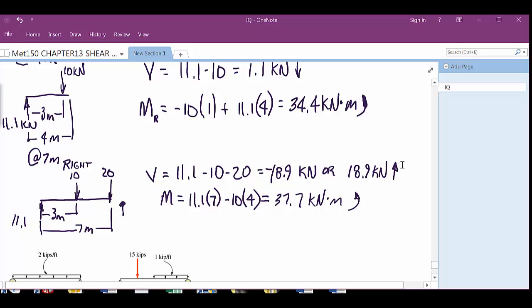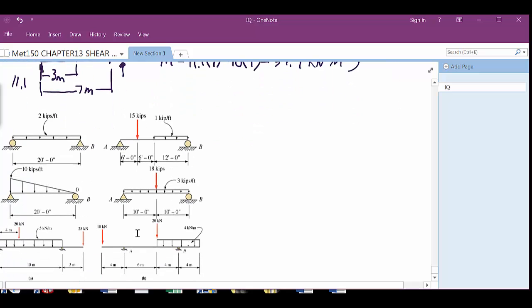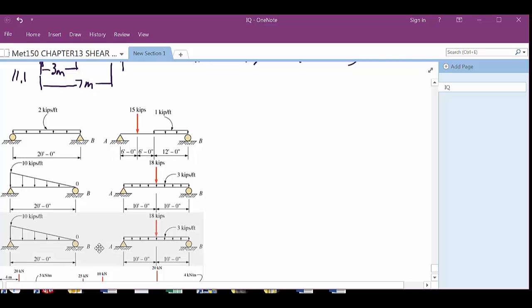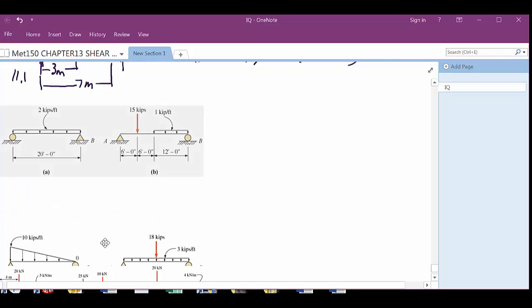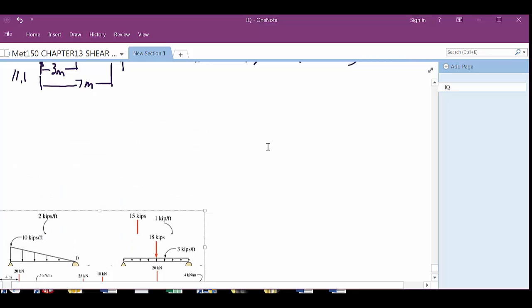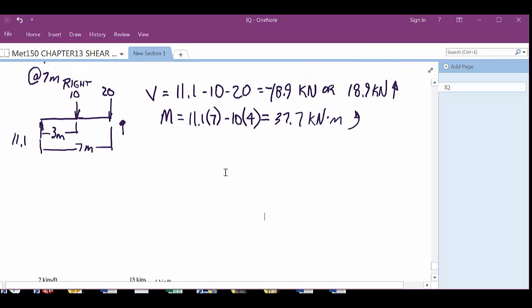Now let's do 7 meters looking to the left. Again, I'm going to have to push these down a little bit. Don't go too far. Okay, so now looking at it to the left. There we go. Okay, what we got here?